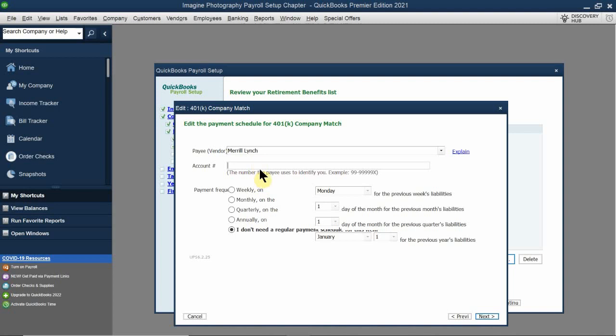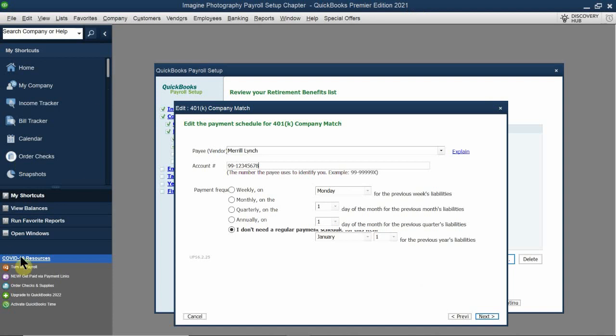Okay? What account number is going to be associated to this 401k? Let's see. It's going to be account number 99-1234567. So remember, this is another company that you go to be able to manage the 401k.